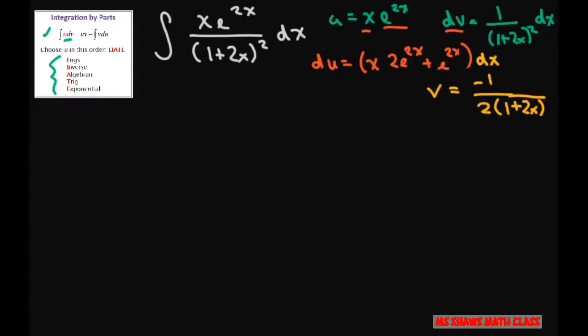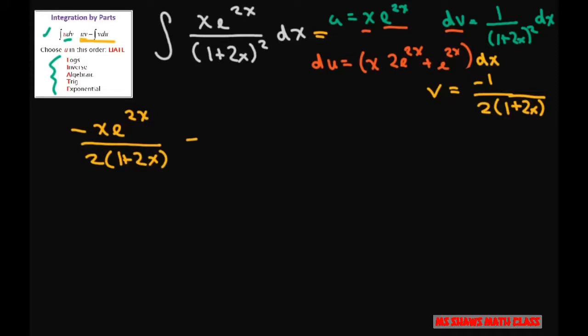All right, now let's fill in our formula. So this is the first part, and we're going to write it out like that. So we have u times v. So u is x times e to the 2x times v. So that's all going to be over 2 times 1 plus 2x. And then it's going to also be negative, because we have that negative.